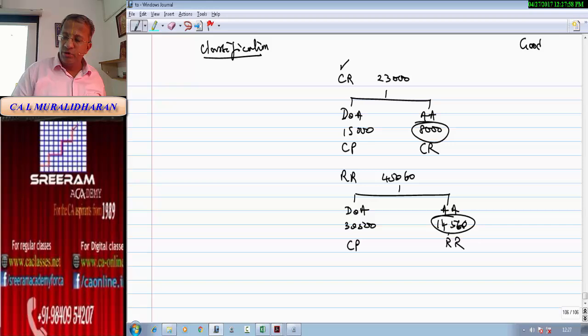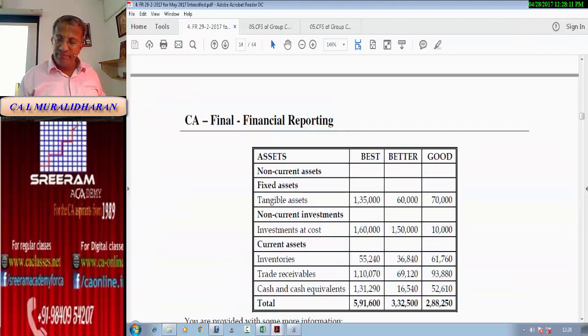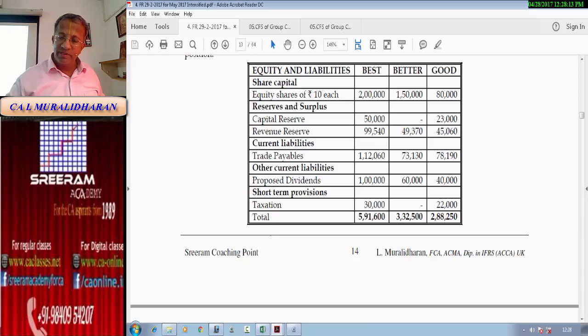So now we will take up on to better. 2 times you have to do, one for lot number 1, the other one for lot number 2. And fortunately we don't have capital reserve in this particular company. You have only revenue reserve. There is no capital reserve there.